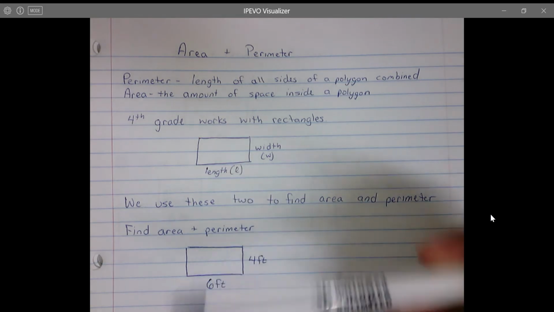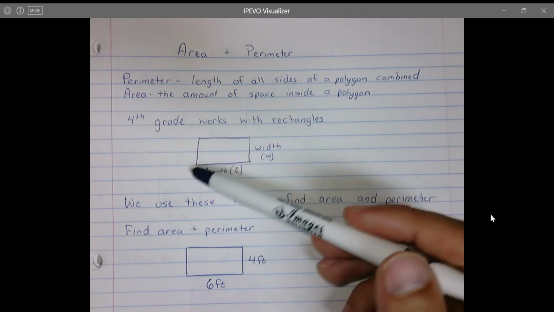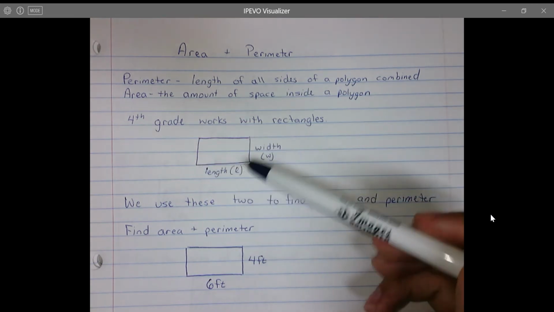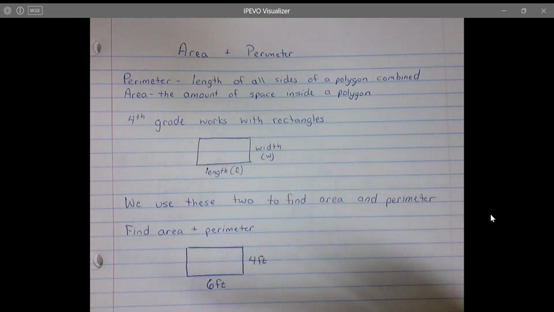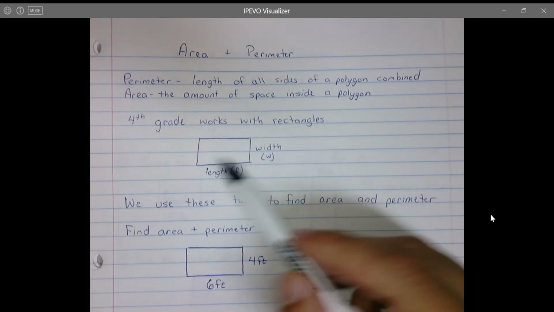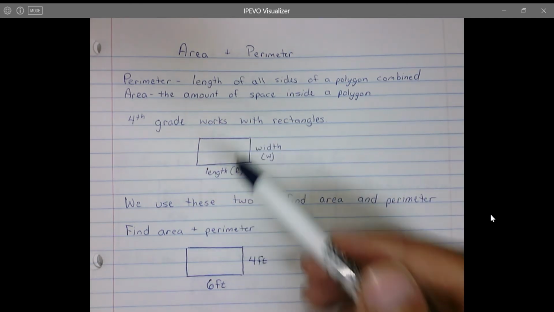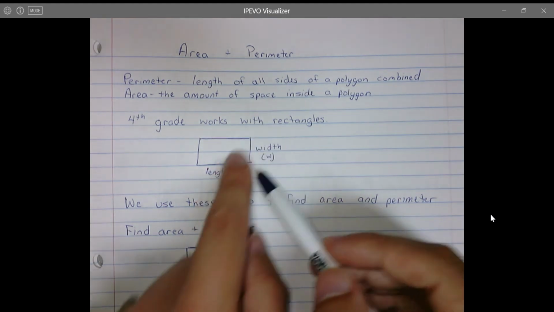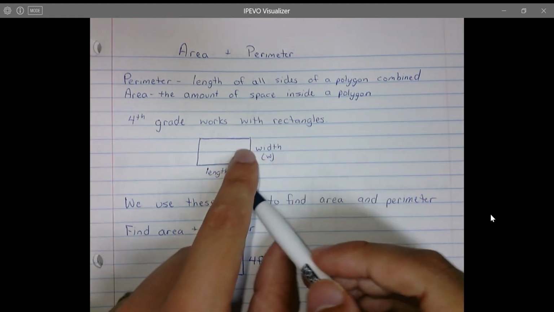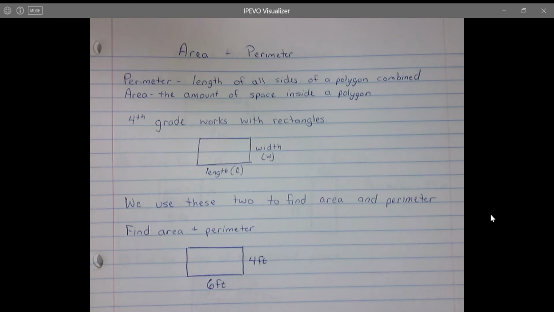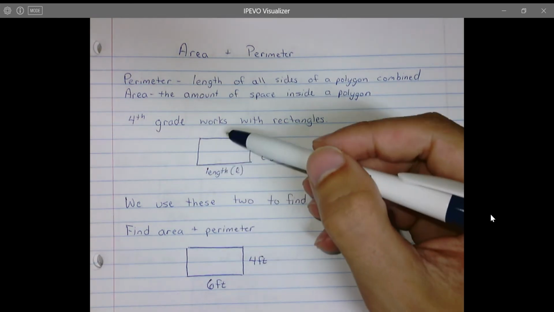It's important to know that we look at the sides that are adjacent, that are next to each other. So we have length is going to be one of them, and width is the other. I could have switched these around. It doesn't matter, as long as one is designated length, one's designated the width, it's fine. And then with a rectangle, we should know that opposite sides are equal.